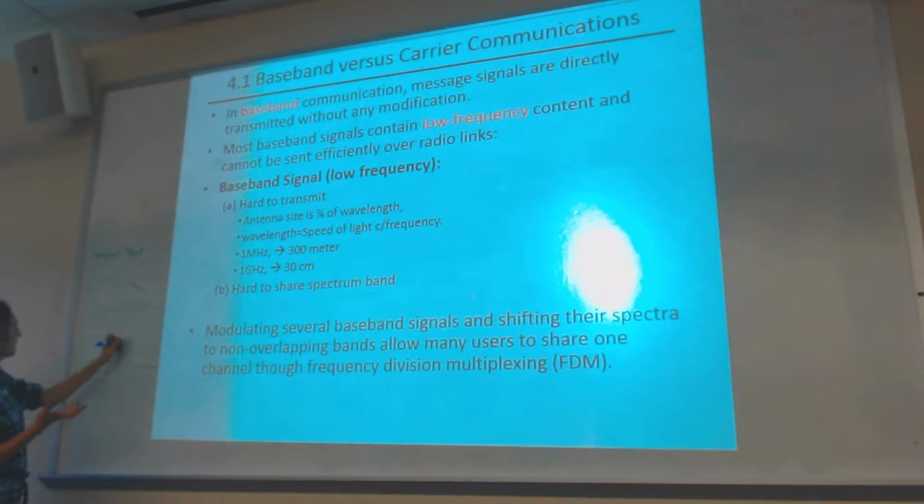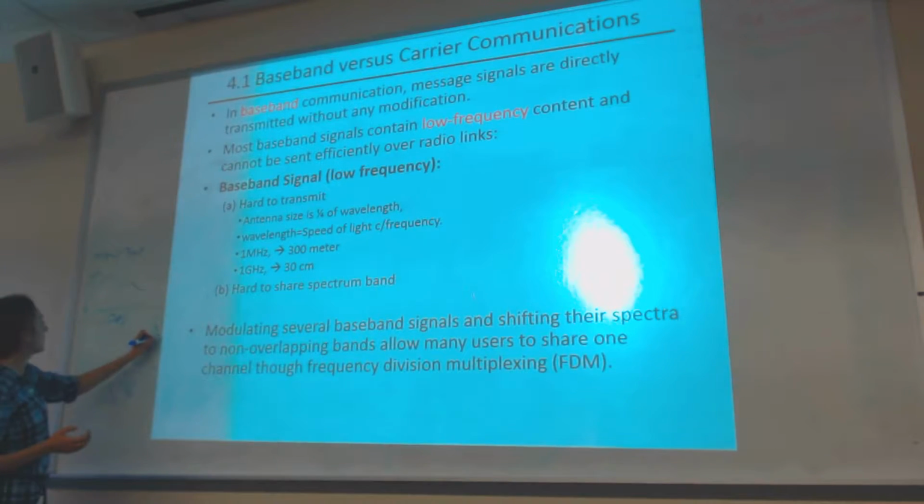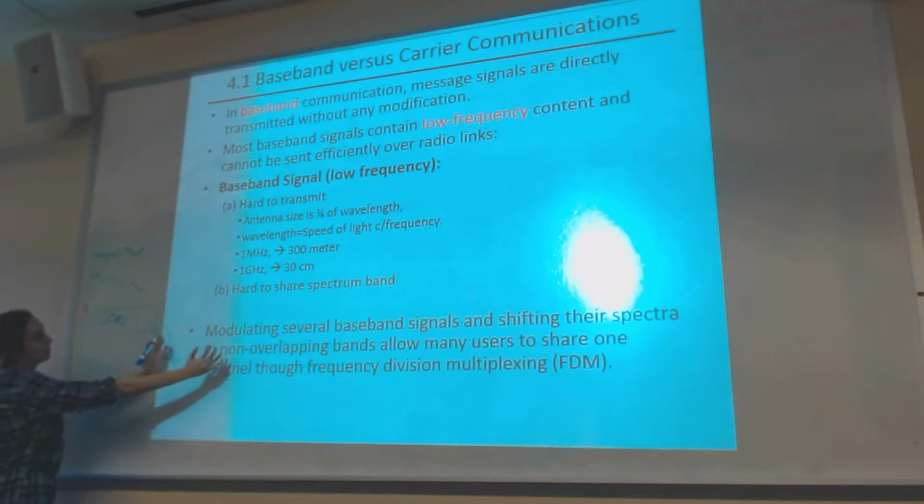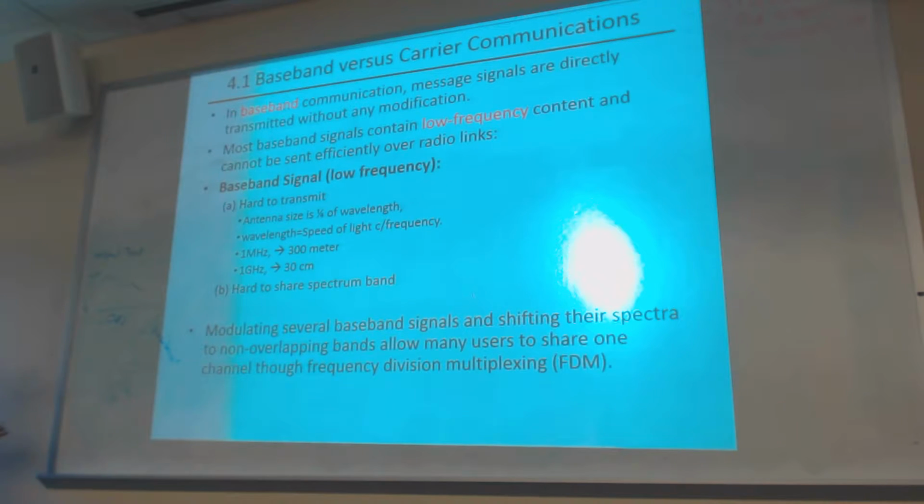So when I look at, let's say, this is g(t), and then I take the Fourier transform and look at the spectrum, it usually includes low frequency components, and this is called the baseband signal. If I later multiply by cosine, I shift it to some other frequency, then it's going to be high frequency, and then it's not baseband anymore. But the original signal is called the baseband signal.